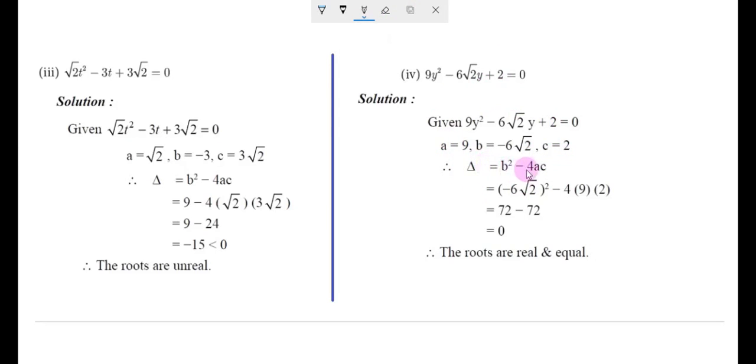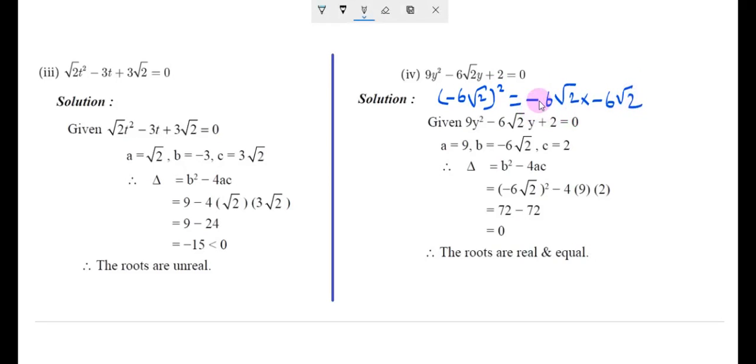Now del equal to b square minus 4ac. So b square means minus 6 root 2 the whole square, minus 4, a value 9, c value 2, so minus 4 into 9 into 2. Now look, minus 6 root 2 the whole square equal to minus 6 root 2 into minus 6 root 2.